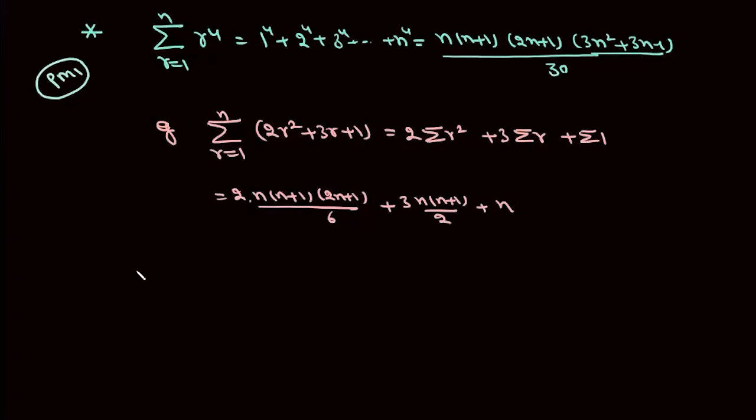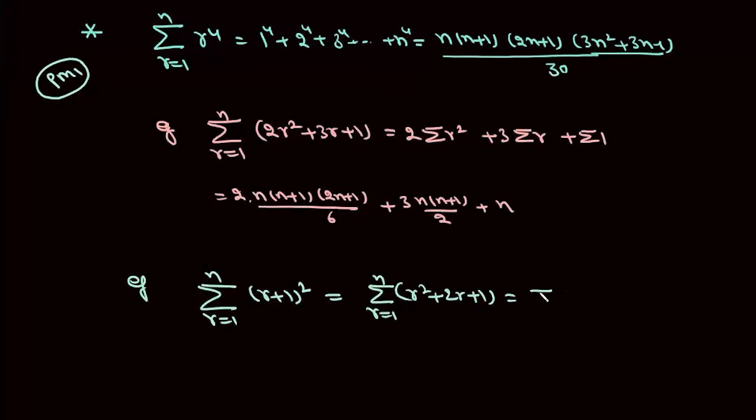We can find sums with shifted powers also. Say, for example, we need to find this summation, r varies from 1 to n, of r plus 1 whole square. So there are two ways of solving it. One method is by expansion, so we can expand it. So we can write r varies from 1 to n, and this is r square plus 2r plus 1.